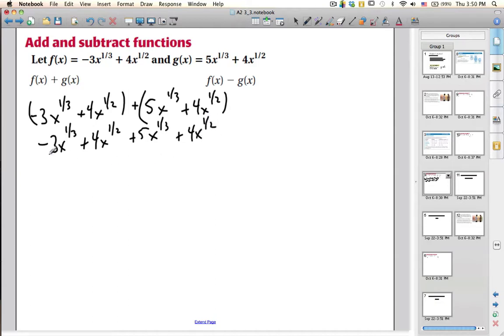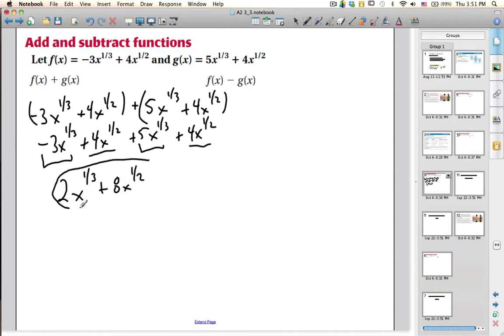And when I combine like terms, x to the 1/3 power, these are like terms. And then x to the 1/2 power, those are like terms. So I have -3 plus 5, x to the 1/3, that's going to be 2, x to the 1/3. And I have 4 plus 4x to the 1/2, that's going to be 8x to the 1/2.